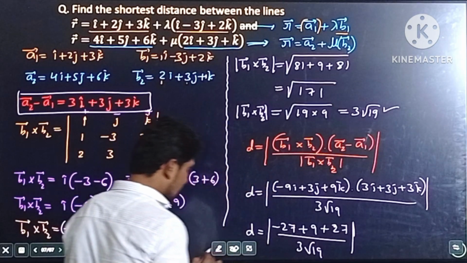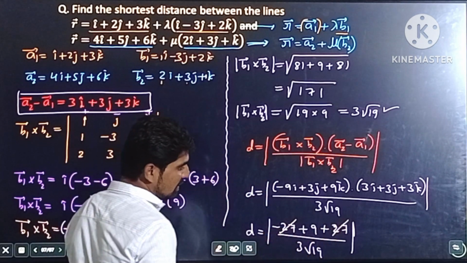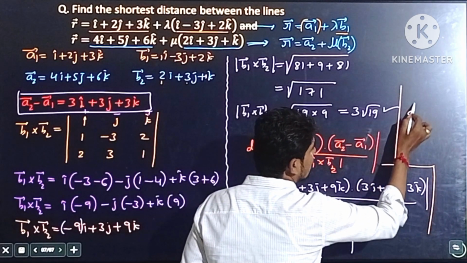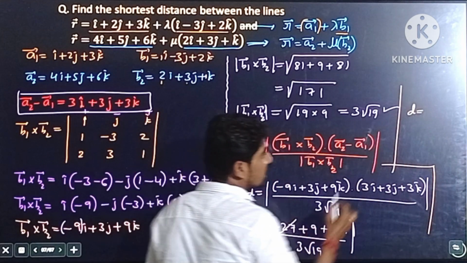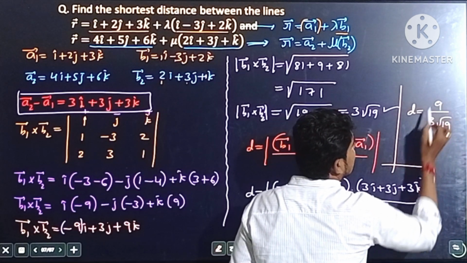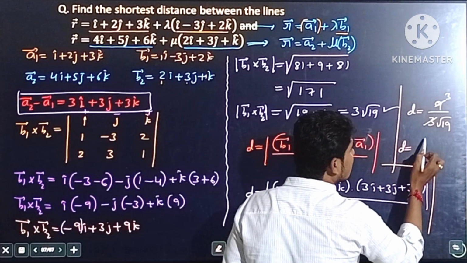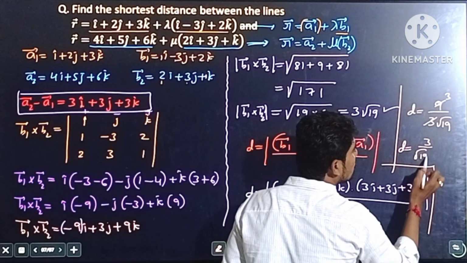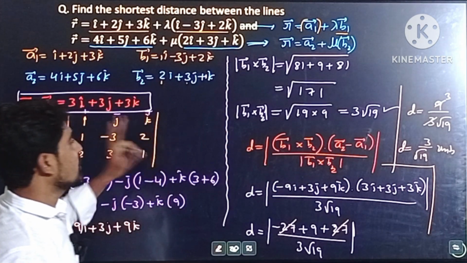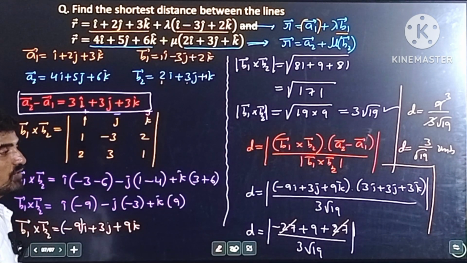In the numerator minus 27 plus 27 cancel, remaining d equals 9 divided by 3 root 19. So finally the distance d equals 3 divided by root 19 units. So the required distance between the given two lines is 3 by root 19 units. I hope all of you understood.